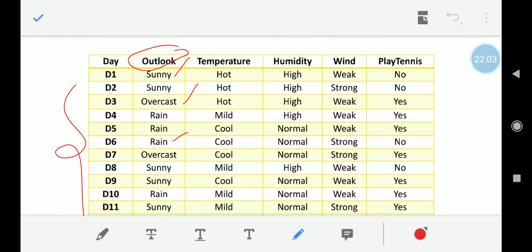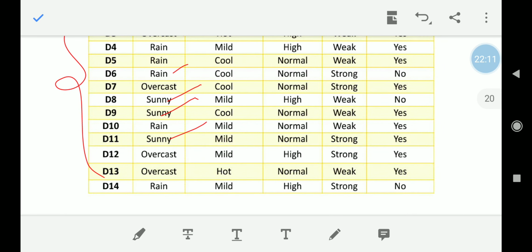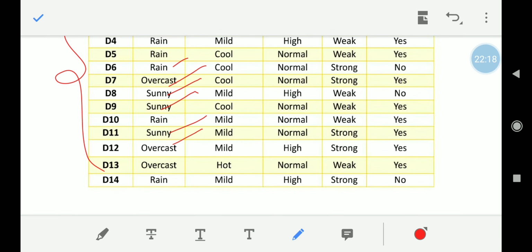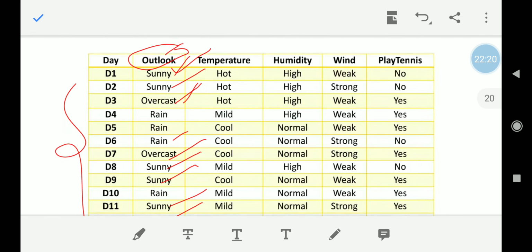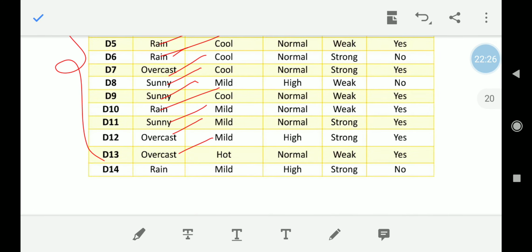You can see for outlook, sunny is 1, 2, 3, 4, 5. Five training examples belong to sunny. Then for overcast, 1, 2, 3 and 4. Four examples belong to overcast. Rainy, 1, 2, 3, 4, then 5.